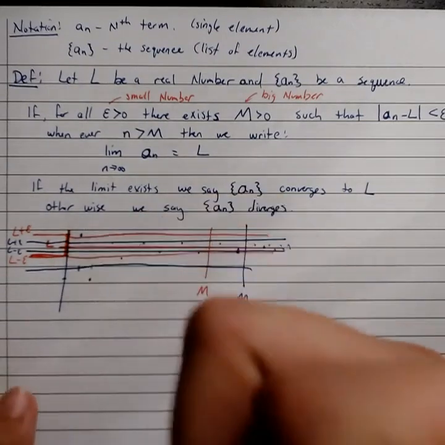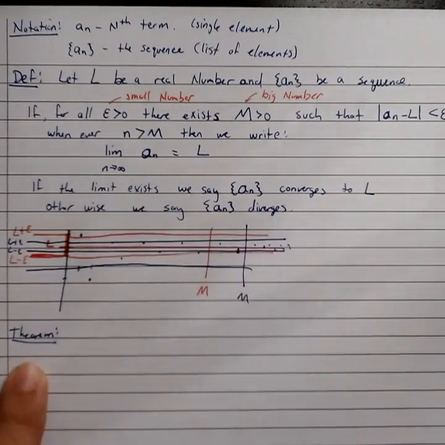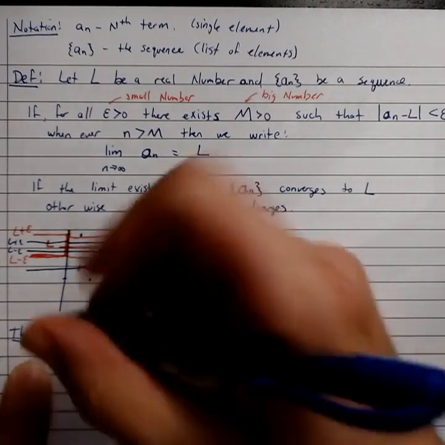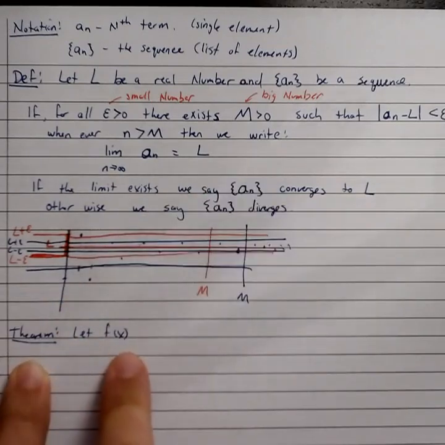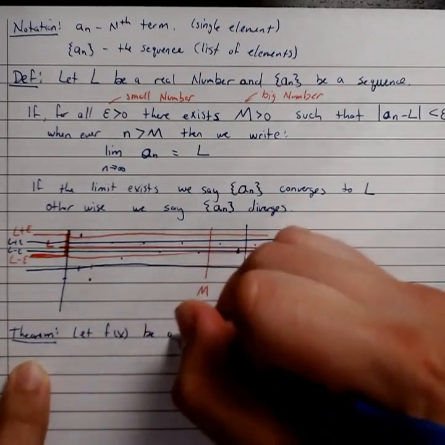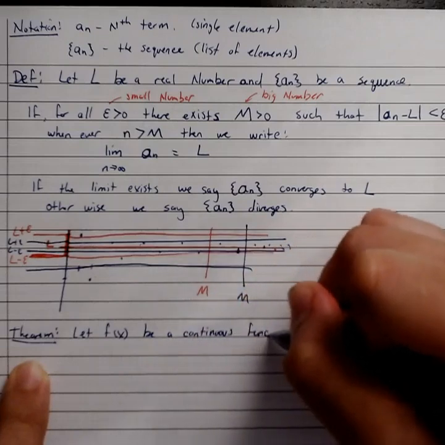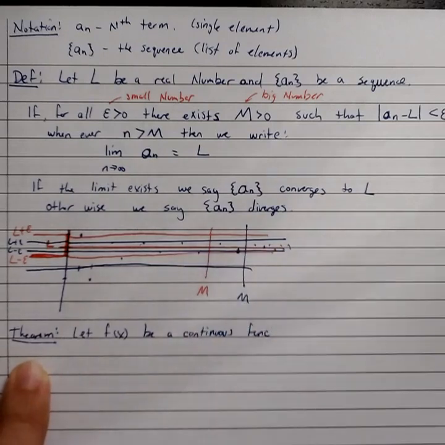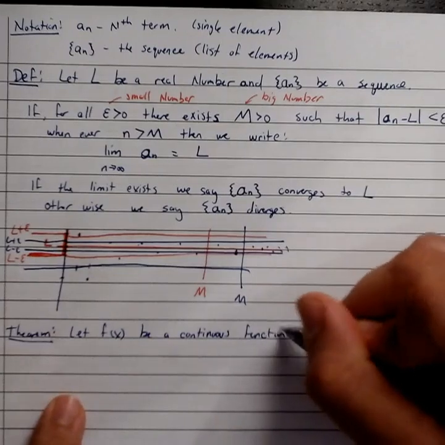This brings us to a theorem, which says, let's begin with L as a real number, and let f be a function of a real number. So let f of x, notice that's not f of n, that's not a natural number, that's just any old number. Let f of x be a continuous function. So not a bunch of points, but actually just a normal function, the kind that we're used to.